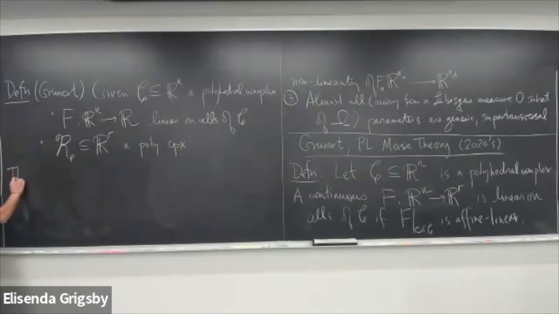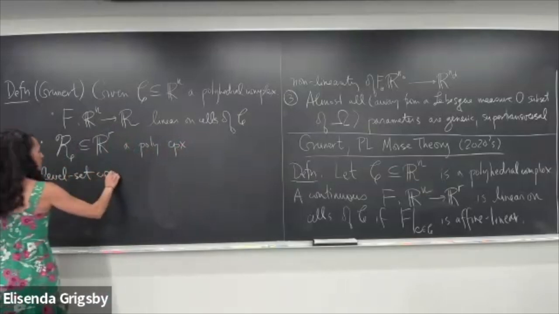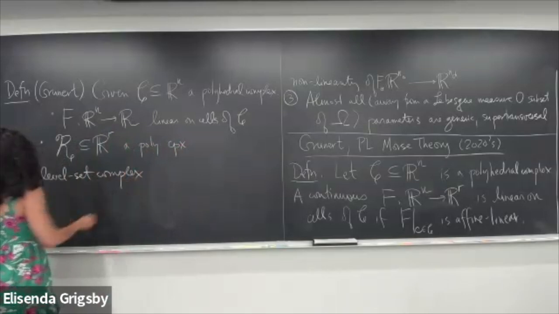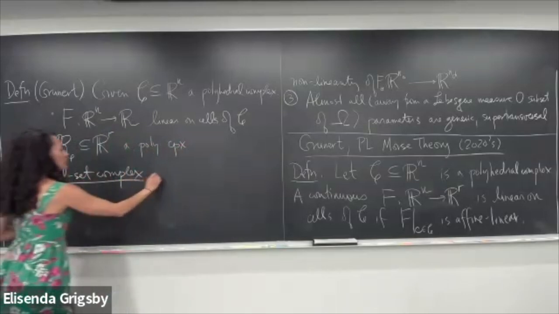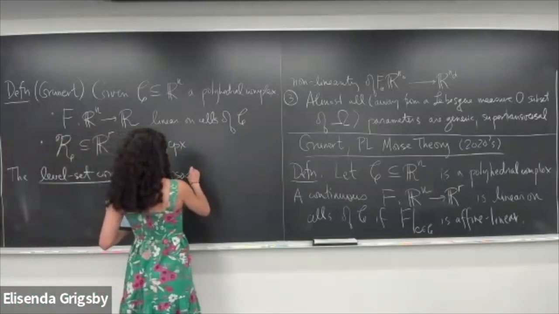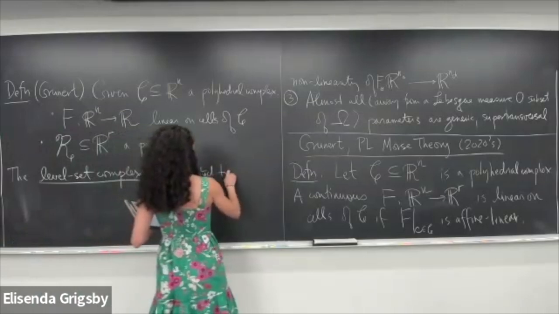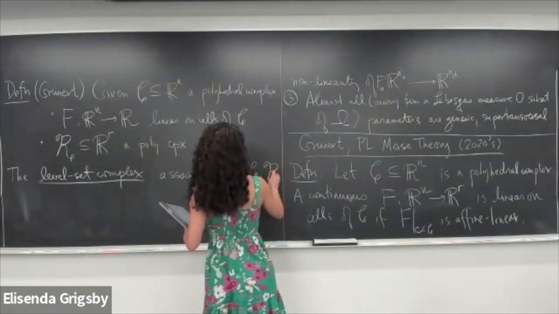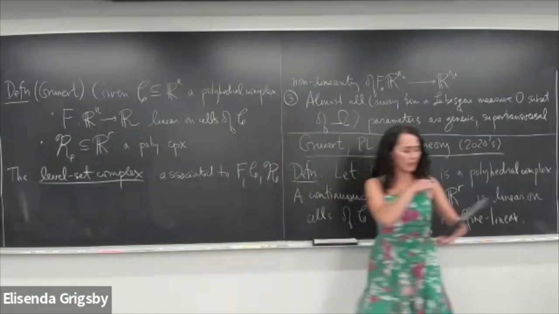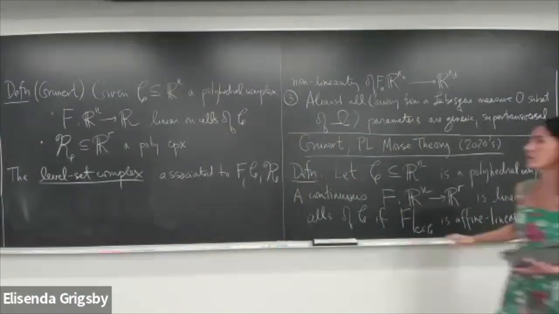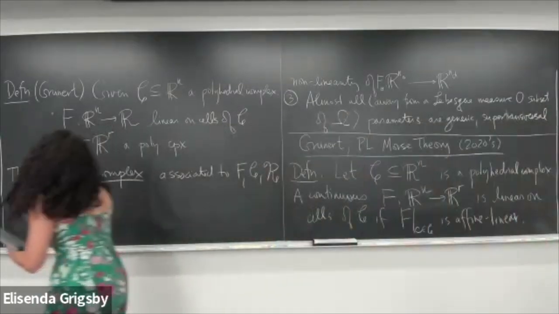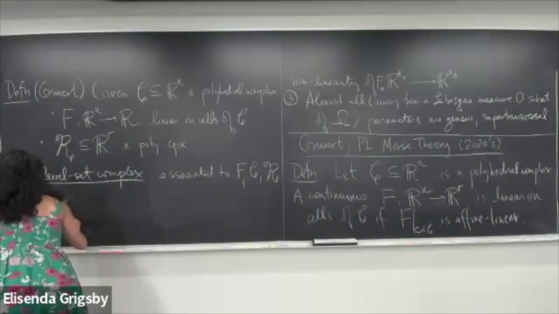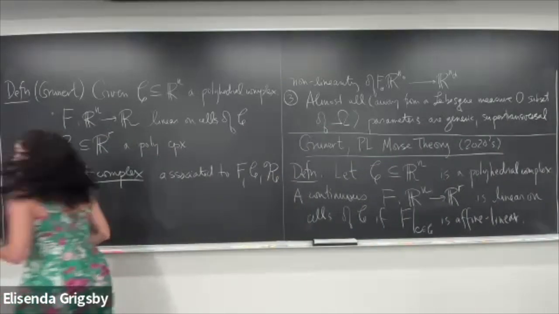Then the so-called level set complex associated to this triple F, C, R. So it's just what you might expect it to be.